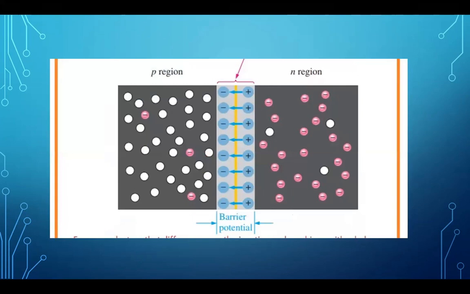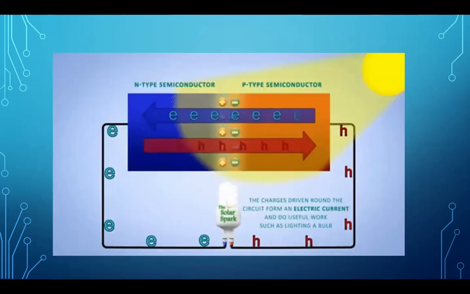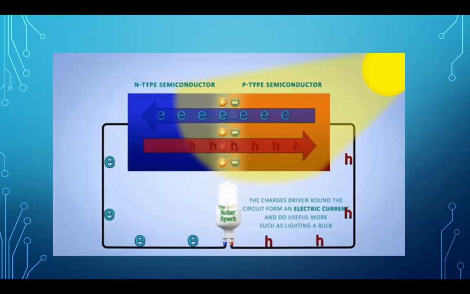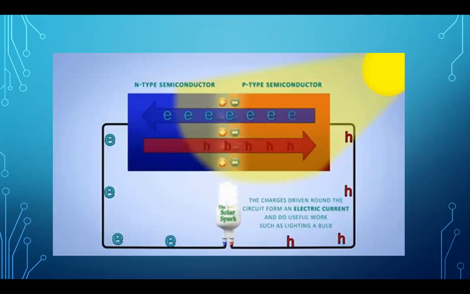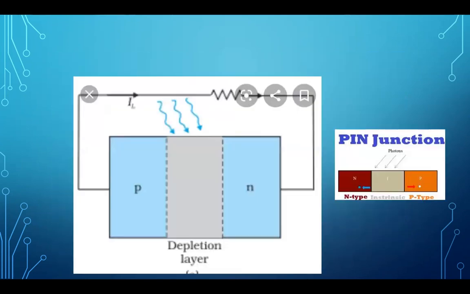As you can see here, before I have any light, this is what happens. This is the barrier potential that I have. Now, what happens when this semiconductor absorbs the light? Before this, we have this material here.